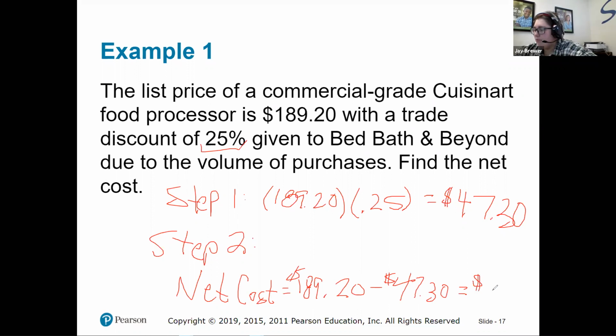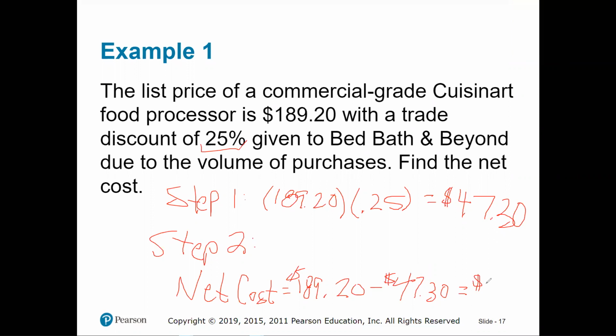So Anna, when you told us to do that before, is this how you thought of doing it? Yeah. Good. Okay. All right. So did anybody get that? $141.90. Good.